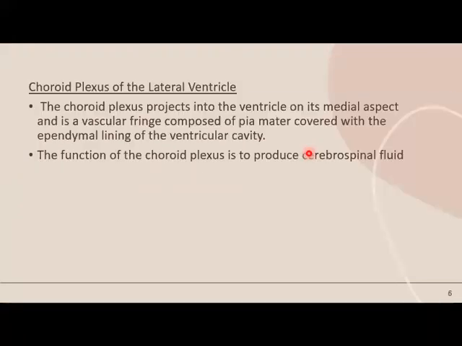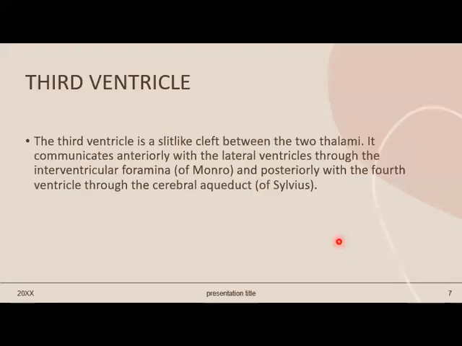The choroid plexus projects into the ventricle on its medial aspect and is a vascular fringe composed of pia mater covered with the ependymal lining of the ventricular cavity. The function of the choroid plexus is to produce cerebrospinal fluid.